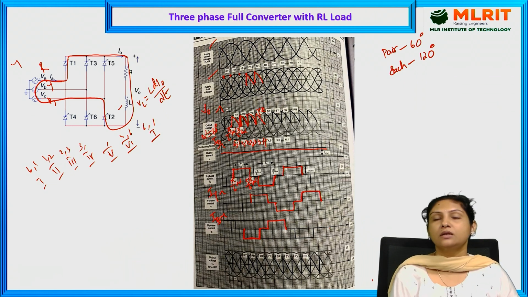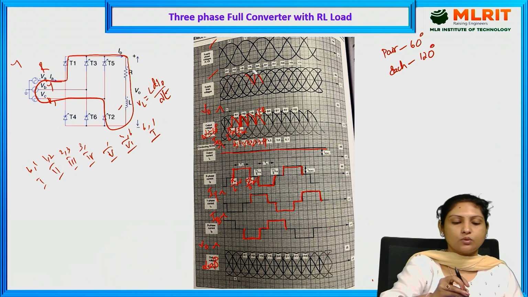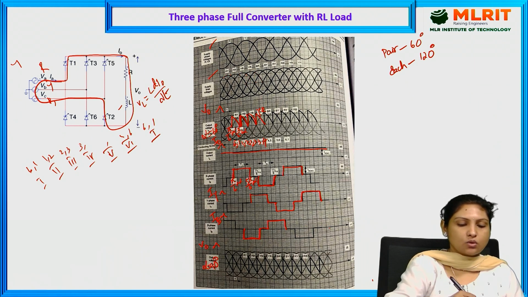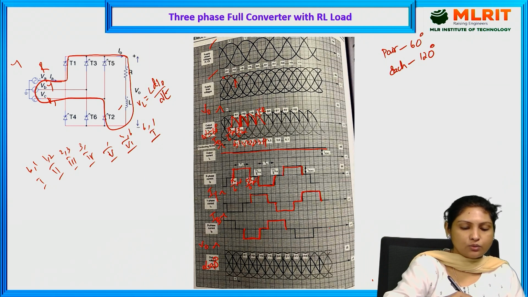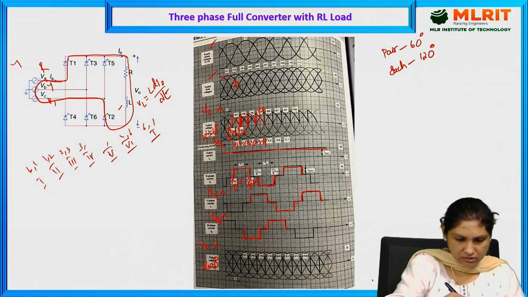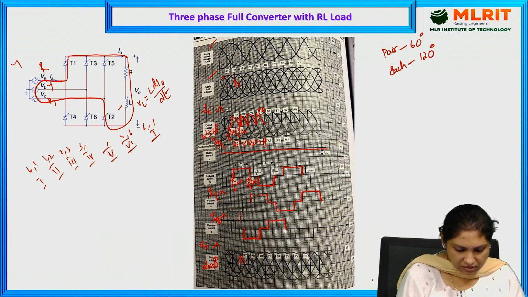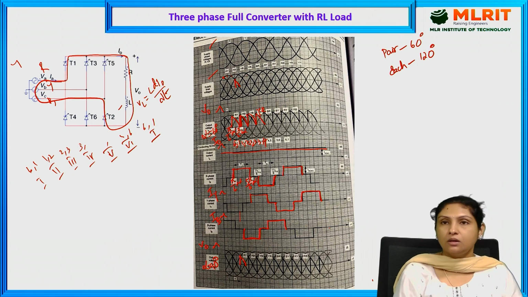And similarly, let us check out the output voltage waveform for alpha is equal to 90 degrees. If alpha is equal to 90 degrees, this is 0 crossing, alpha is equal to 30, 60, 90. Right from here to here, we will get the output voltage waveform. So if I represent the same, this is RY phase, which appears across the load.